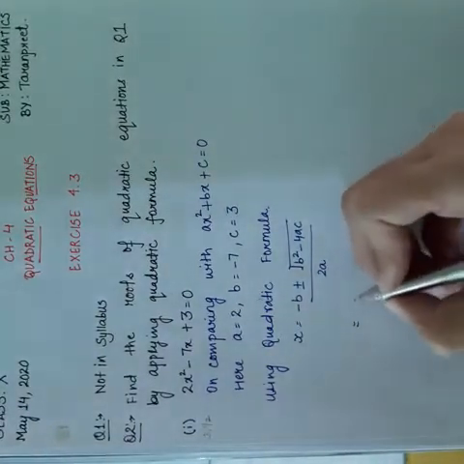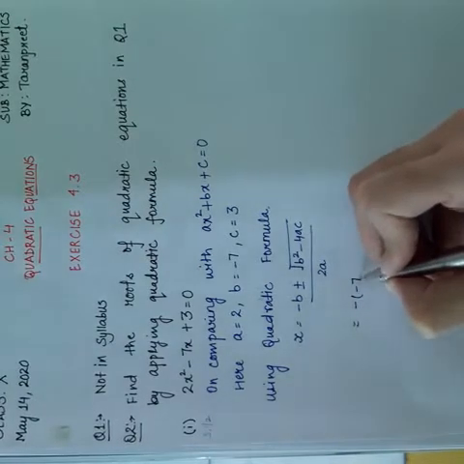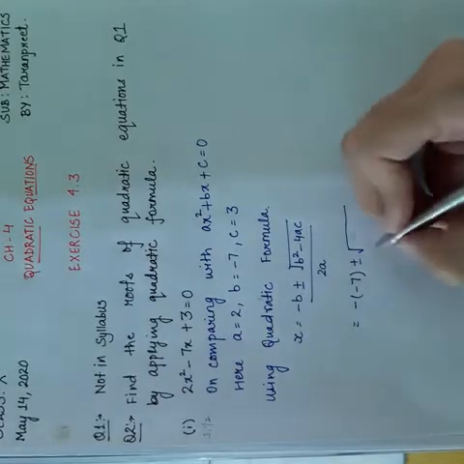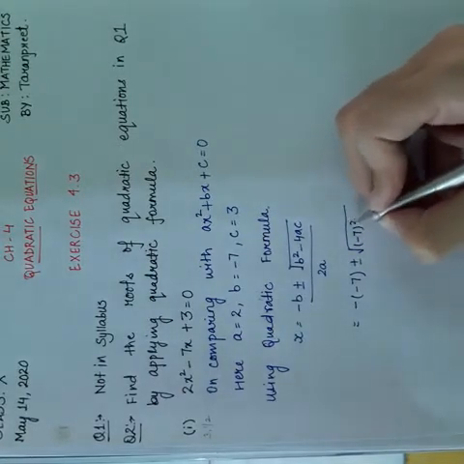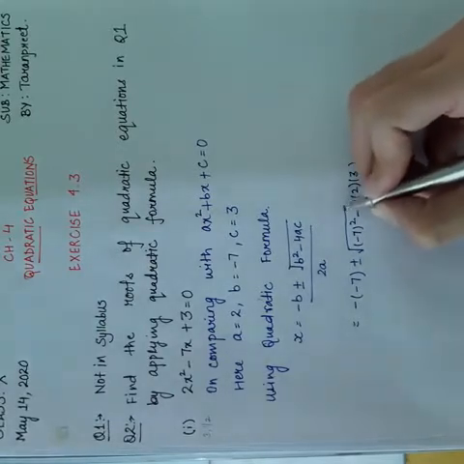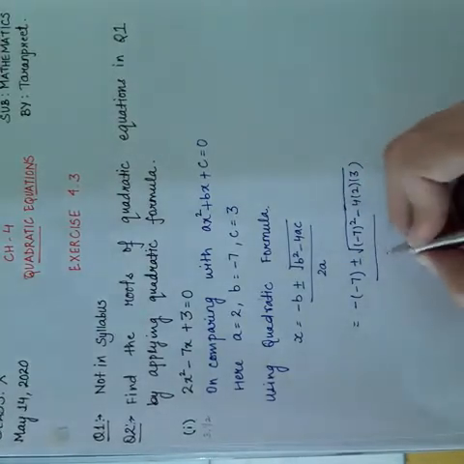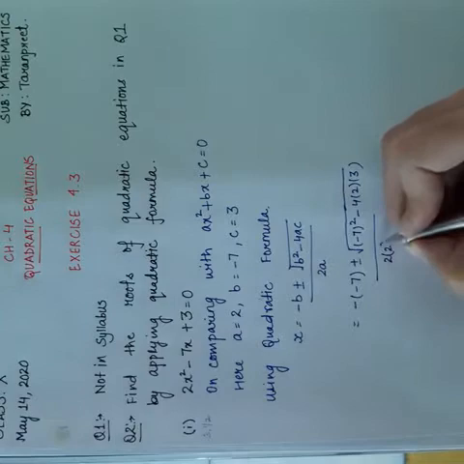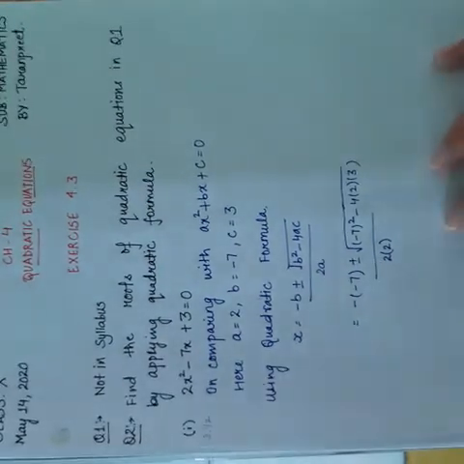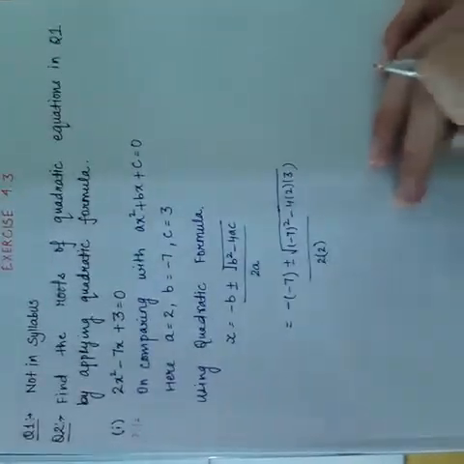We will get minus of minus 7 plus minus square root minus 7 square minus 4ac upon 2a.